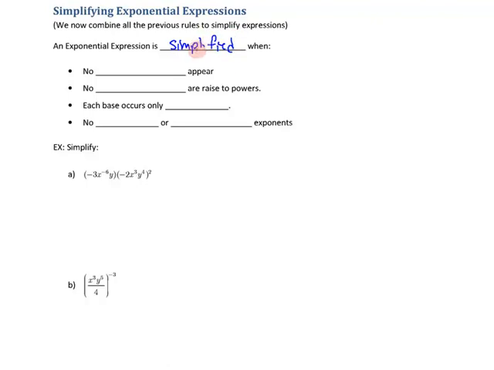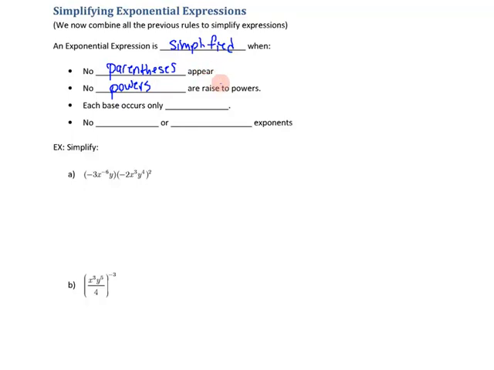Okay, you know it's simplified if, one, no parentheses appear, if you have completely distributed all the exponents from the power to power or products and quotients to powers. You also need to have that no other powers are raised to any others.